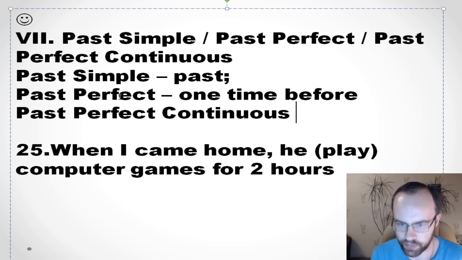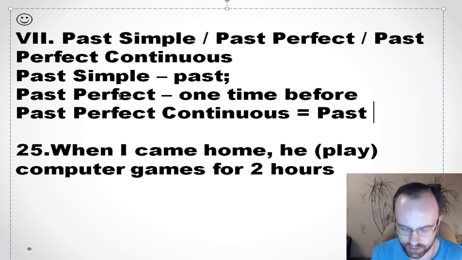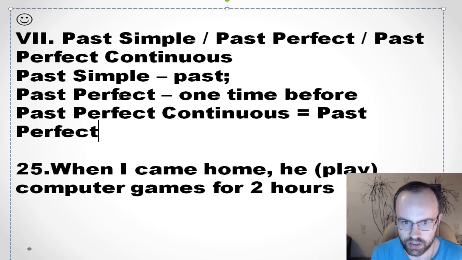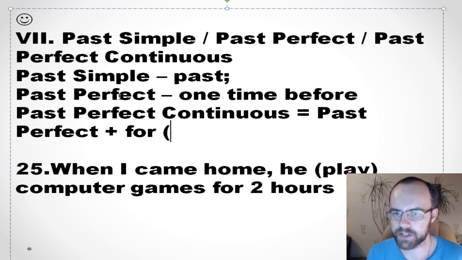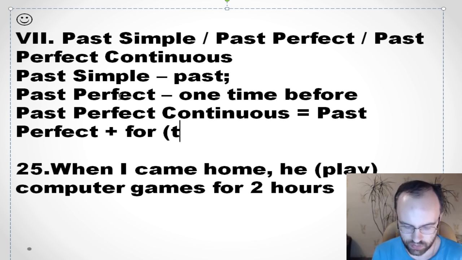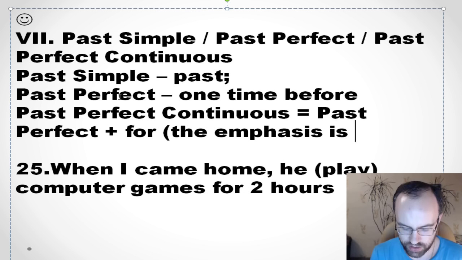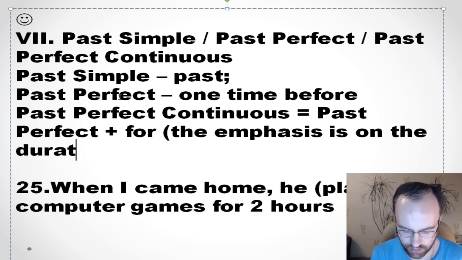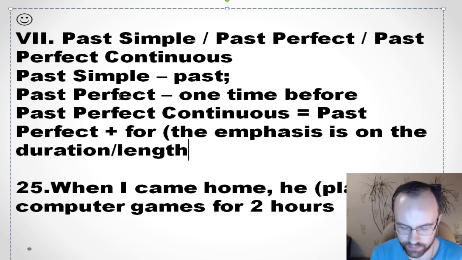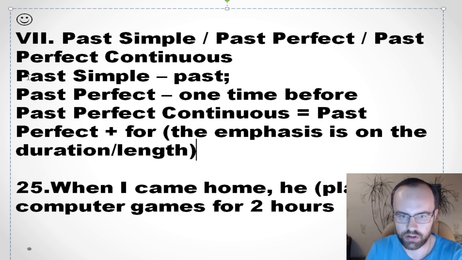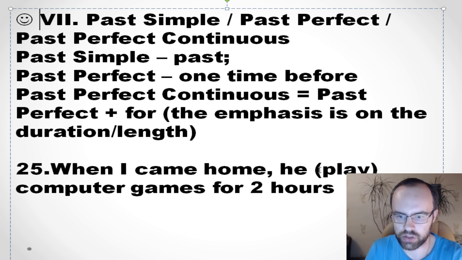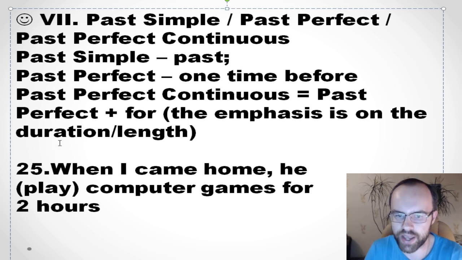Past perfect continuous. It's like past perfect, but there is for. So the emphasis is on the duration, or on the length of this action. Okay, not a short action, so a long action.